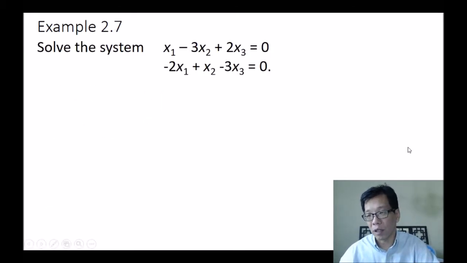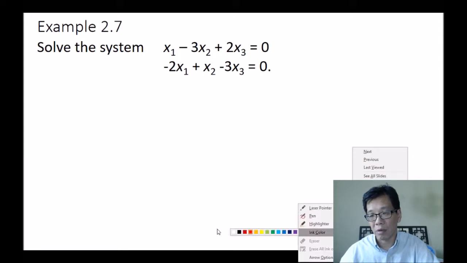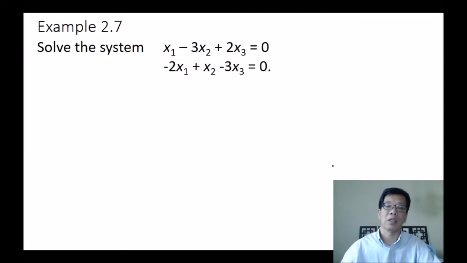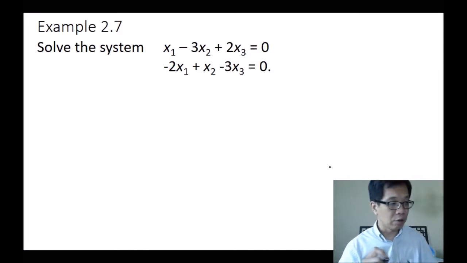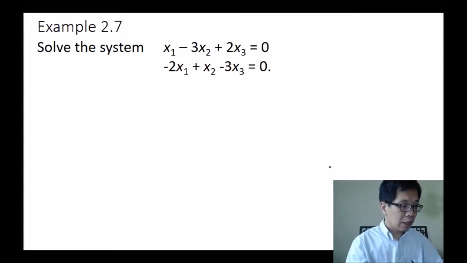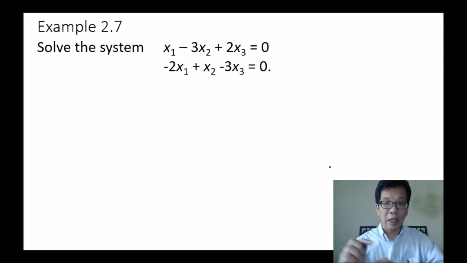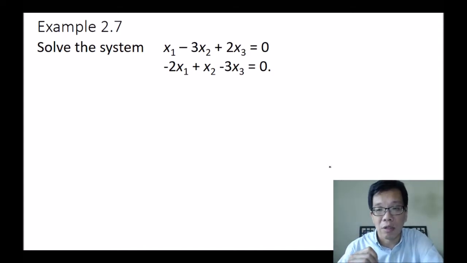Okay, before we move on, I would like to change the color back to black. Now we need to solve this problem. We have two equations: x1 minus 3x2 plus 2x3 equals 0, and -2x1 plus x2 minus 3x3 equals 0.